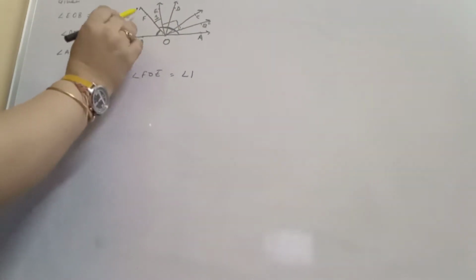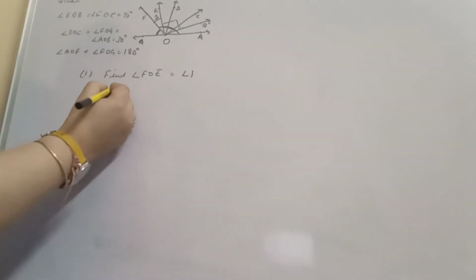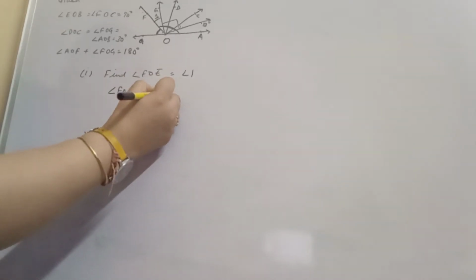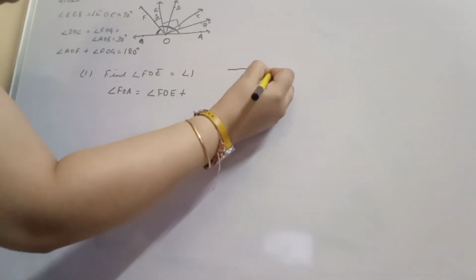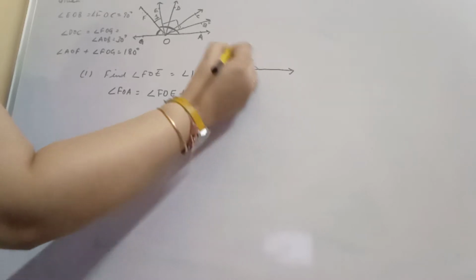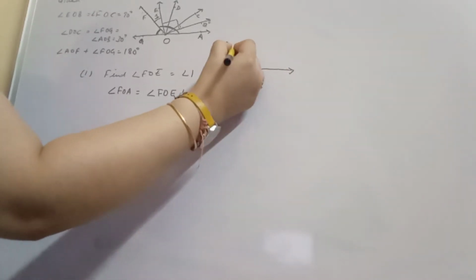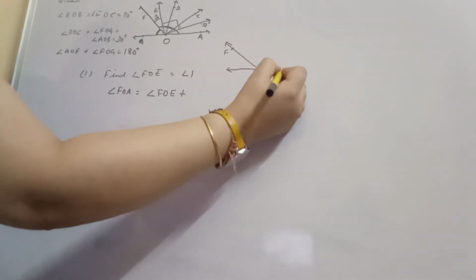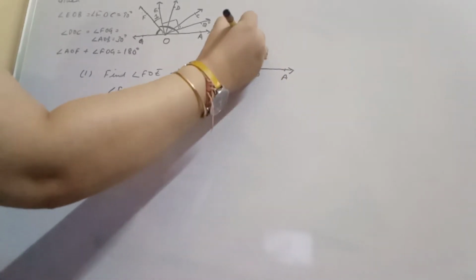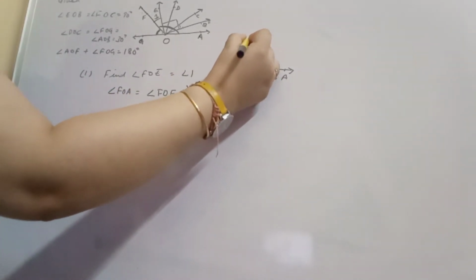Now FOE is part of FOA. So angle FOA is equal to angle FOE plus, I will draw the figure here to show how different parts of the figure are formed. FOA, and this is E. This angle you have to find.